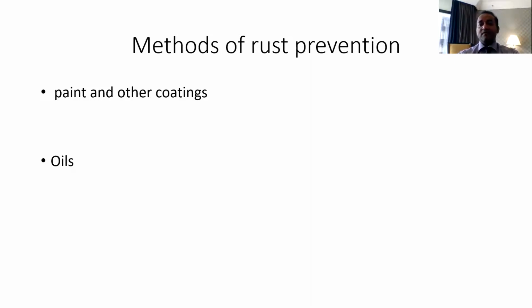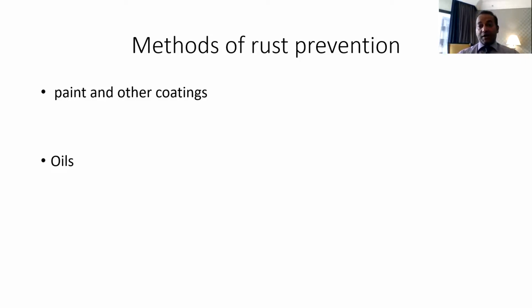Sometimes you have seen people putting a coating of oil, a coating of grease, or even laminating it with plastic. All these work through the same concept. As long as there is no water or oxygen in touch with the metal, it can prevent the metal from rusting.